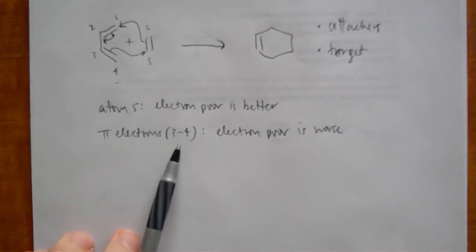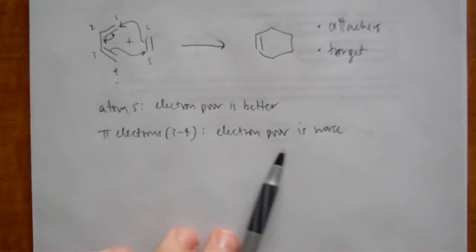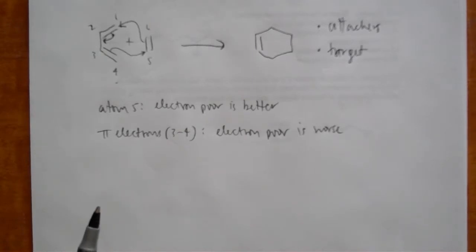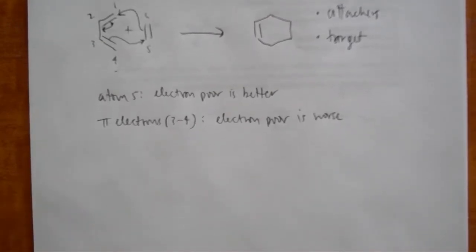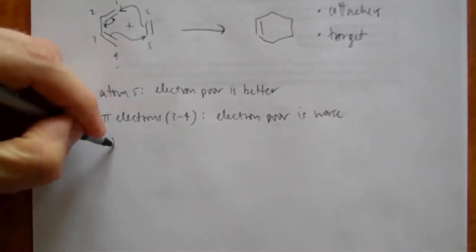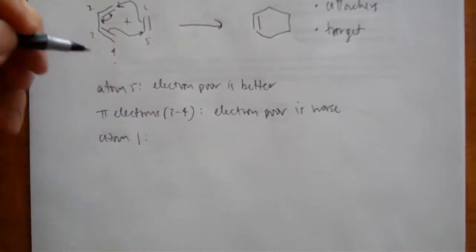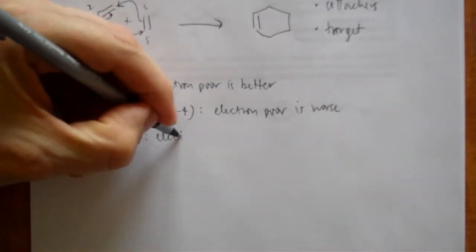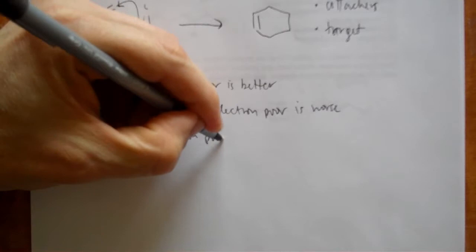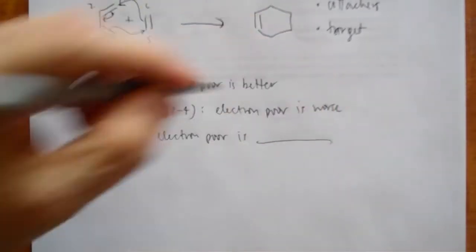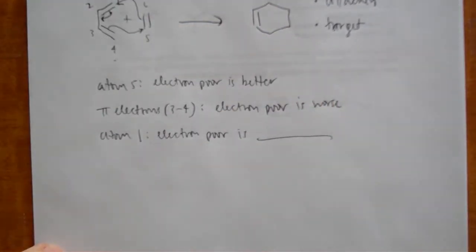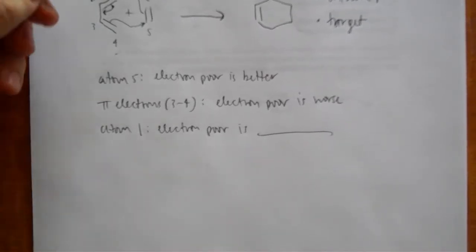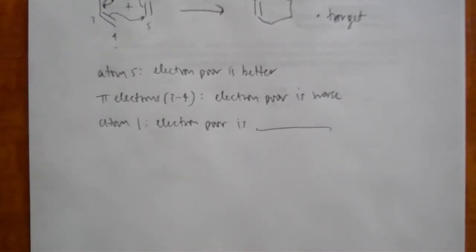The pi electrons between 3 and 4, those right there, electron poor is worse. Okay? And what about atom 1? Electron poor is better or worse? Okay? Alright, that's all I'm going to say about what those implications are.